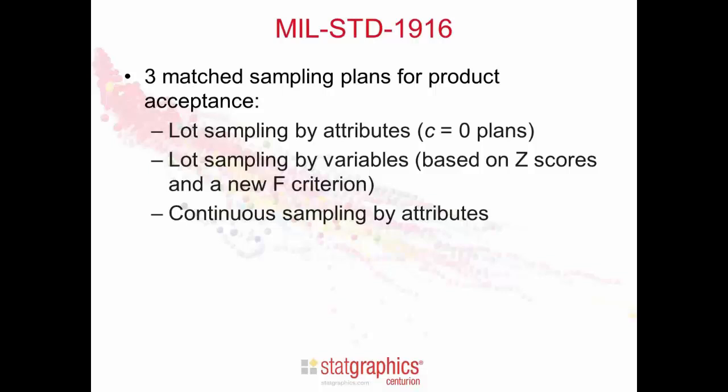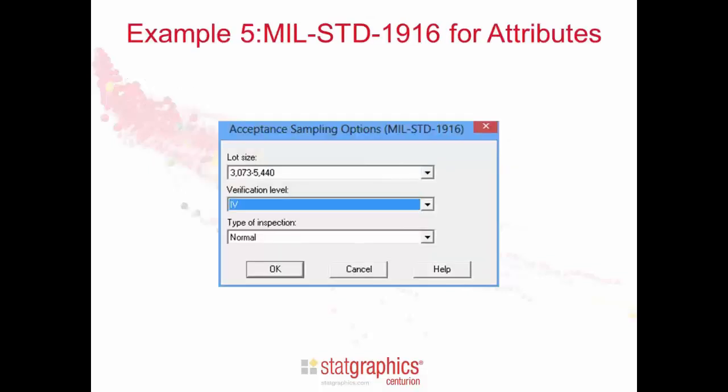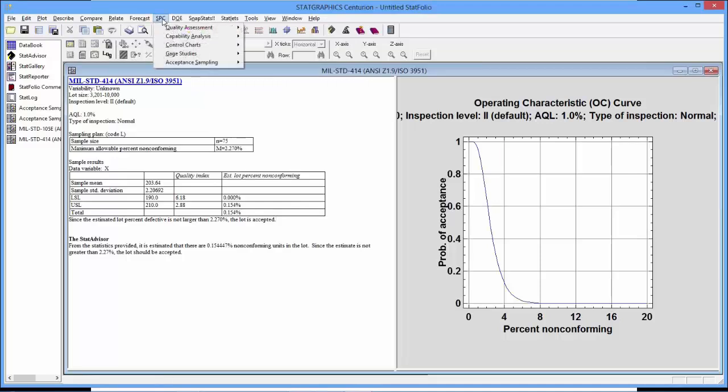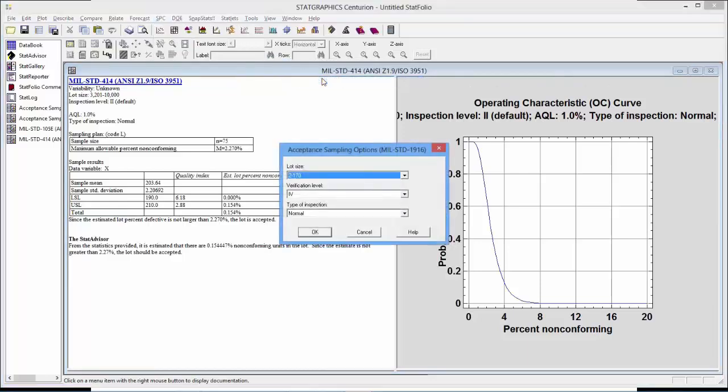Now, let me show you an example of Military Standard 1916. Let's go back to Statgraphics. Let's go to SPC, Acceptance Sampling, Attributes, Military Standard 1916. I'll pick the lot size I want, in this case the range containing 5,000.